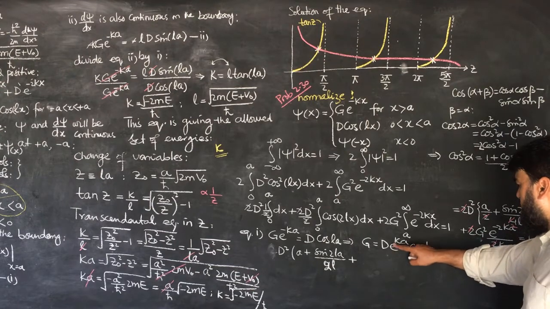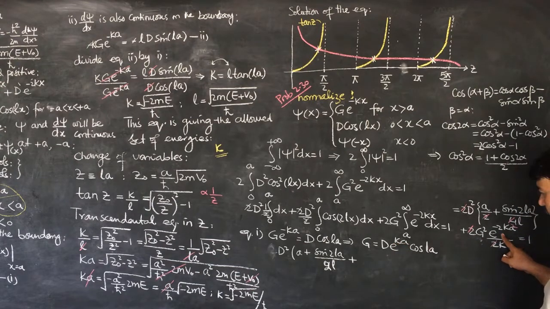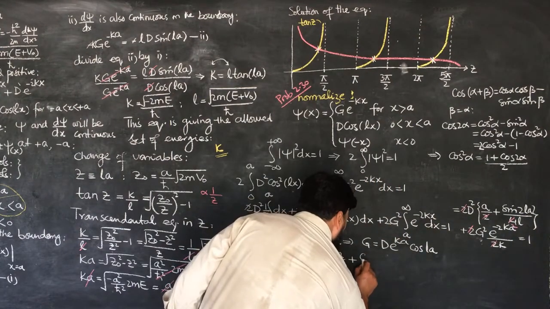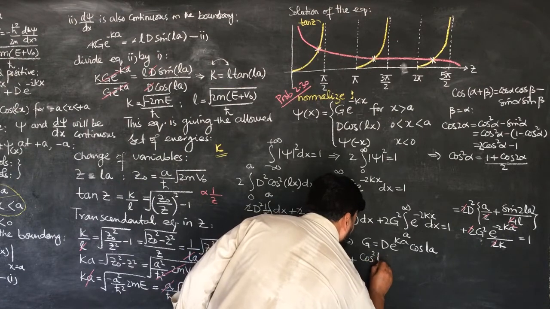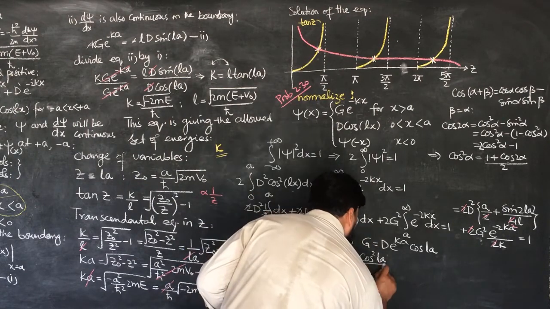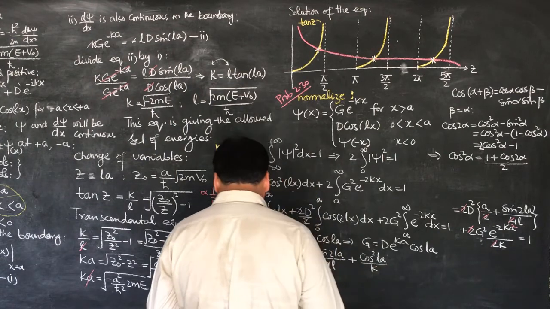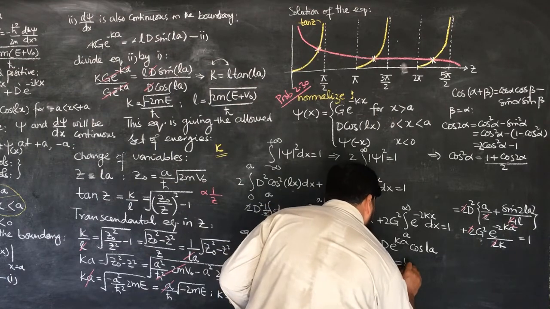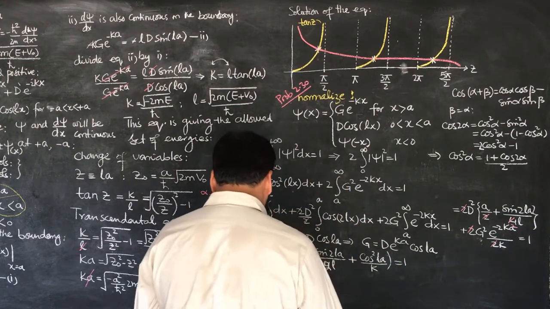So here 2ka and here 2ka will cancel with each other and we will have only cos square la and this divided by k. So this whole is equal to 1.